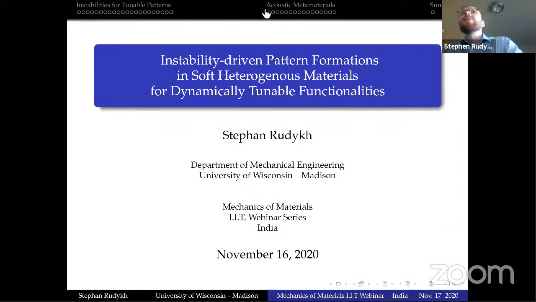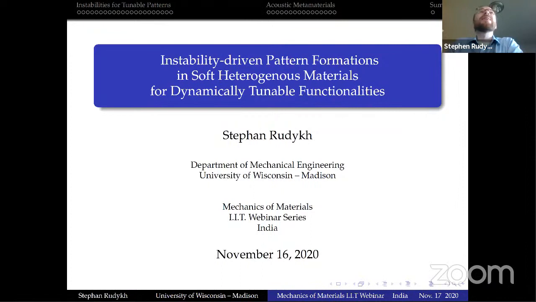You see here this second type is called acoustic metamaterials, but by way of disclosure, I call it acoustic metamaterials here mostly for the fancy name, and also it fits the block very nicely. But the more appropriate title of this section would be elastic waves in soft materials. But acoustic metamaterials could also work, I hope.